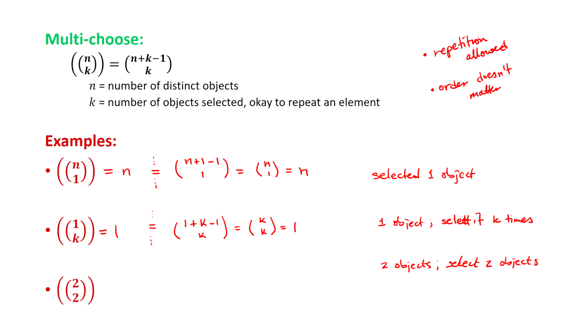If we have a building set of 2 objects, A and B, this would be the same thing as saying we want to build multisets of cardinality 2, so 2 objects in them, and those multisets only include the elements A and B.